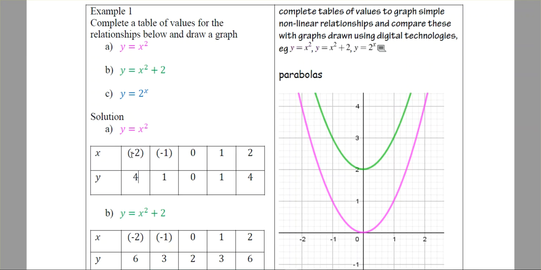So -2 squared is this point here. So we go across -2 and up to 4.